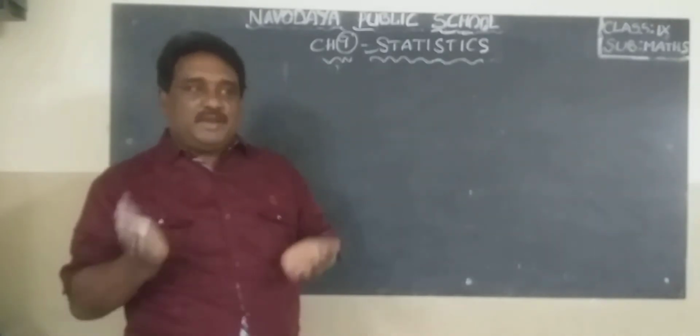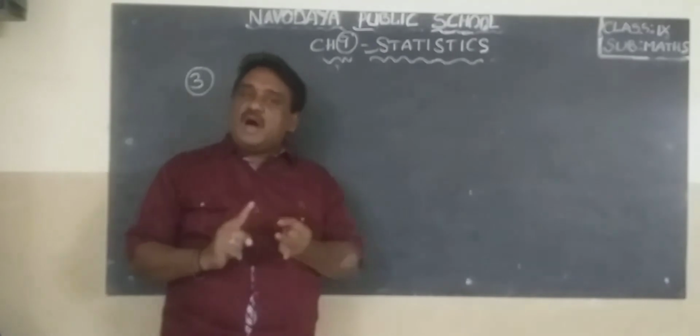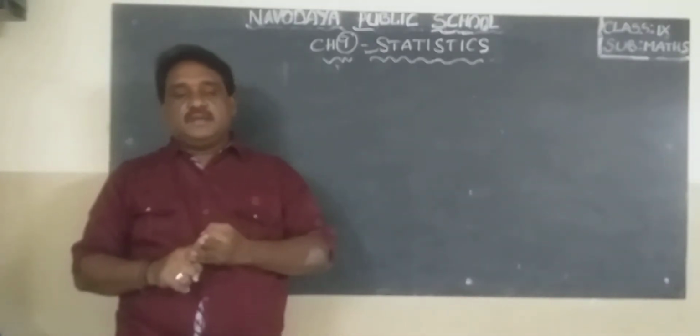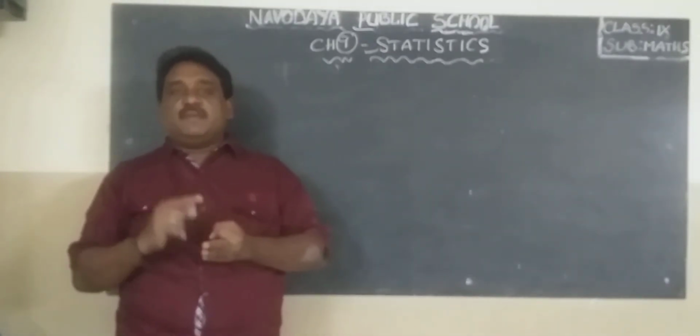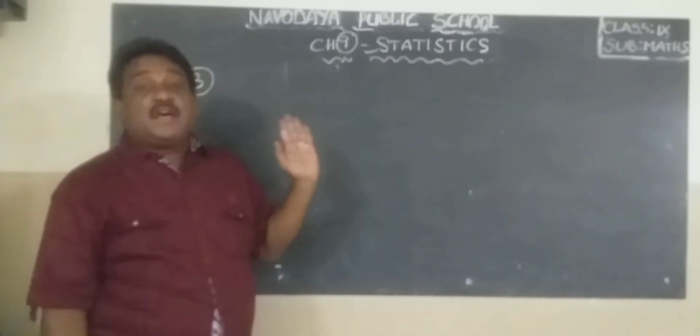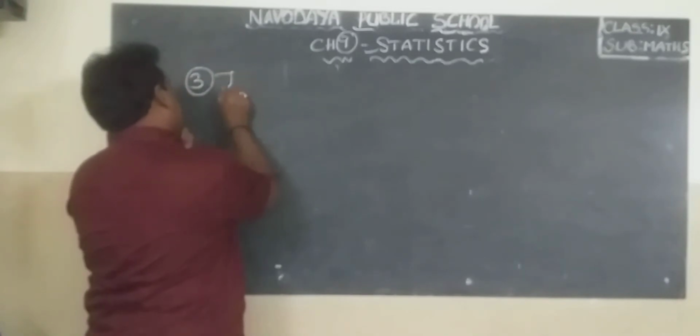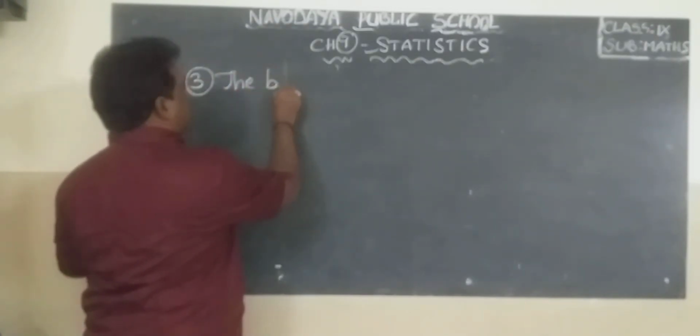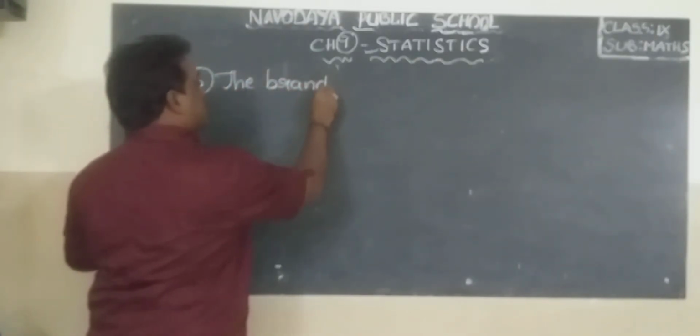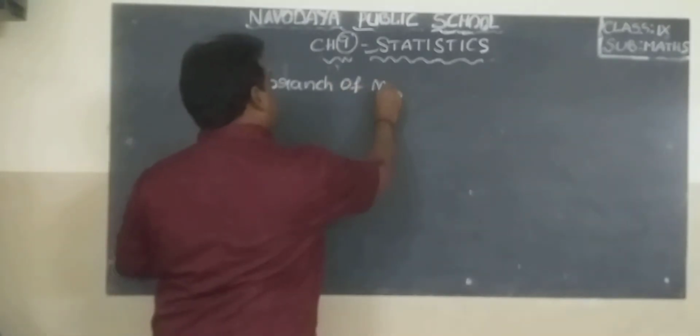In mathematics, so many branches are there: geometry, algebra, trigonometry, like that. It is one of the branches of mathematics. So, the branch of mathematics.